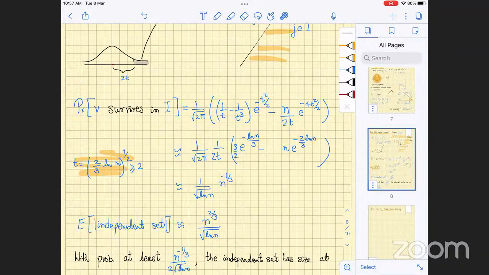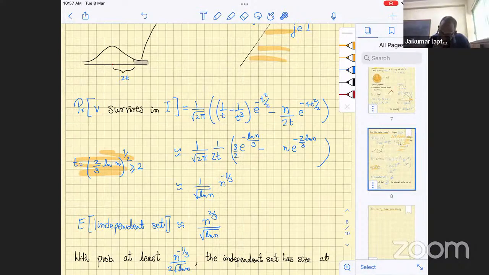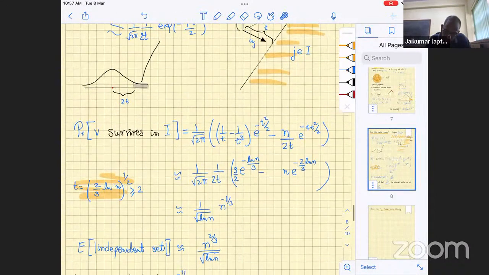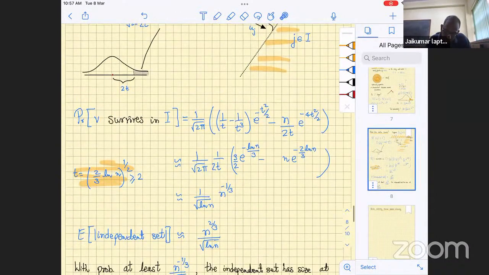Yeah, here there should have been an extra 2. Maybe. Okay, so just check, but doesn't matter. This I'm going to just ignore. So right now, let me write 4. I will correct it in the notes.